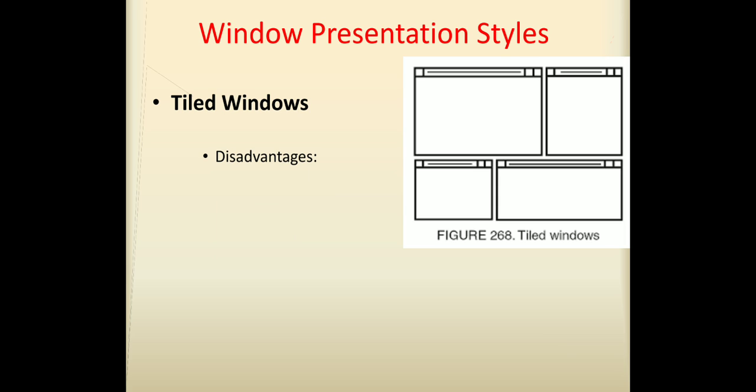The changes in the size and the locations made by the system are difficult to predict, and the configuration of windows provided by the system may not meet the user's need.